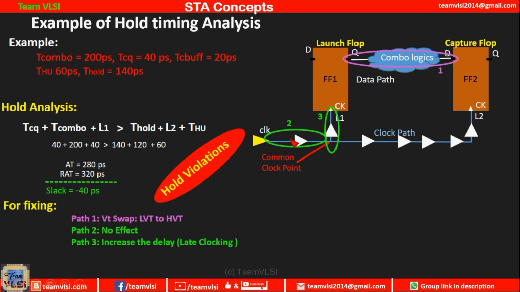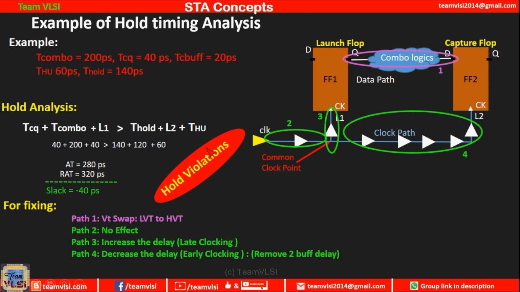So we can increase this clock path delay, and similarly in path 4, this much path is on the right hand side, so we can decrease the delay. Opposite to the setup analysis, we can do late clocking of the launch flop and early clocking of the capture flop in order to meet the hold timing.